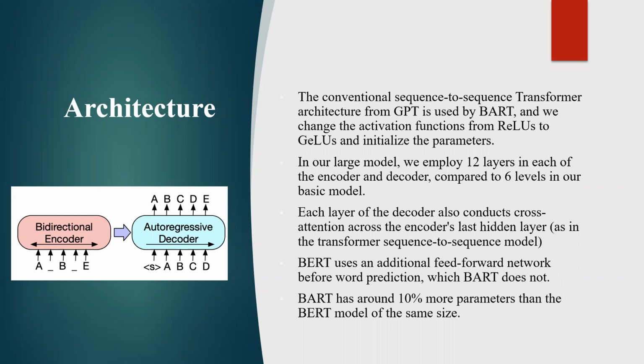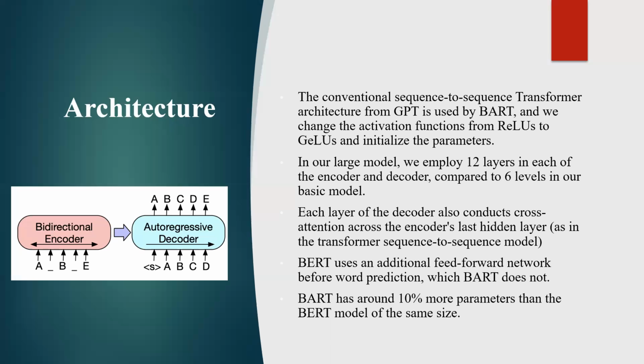Each layer of the decoder also conducts cross-attention across the encoder's last hidden layer, as in the transformer sequence-to-sequence model. BERT uses an additional feed-forward network before word prediction, which BART doesn't. BART has around 10% more parameters than the BERT model of the same size.